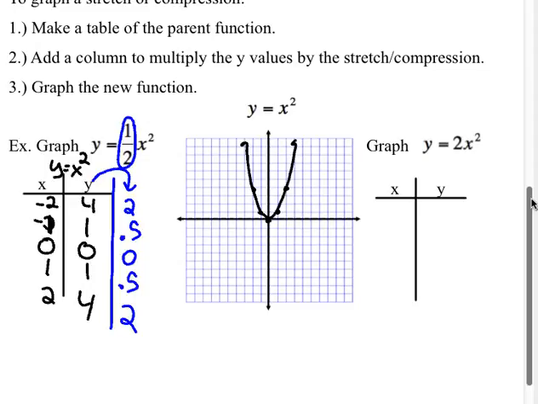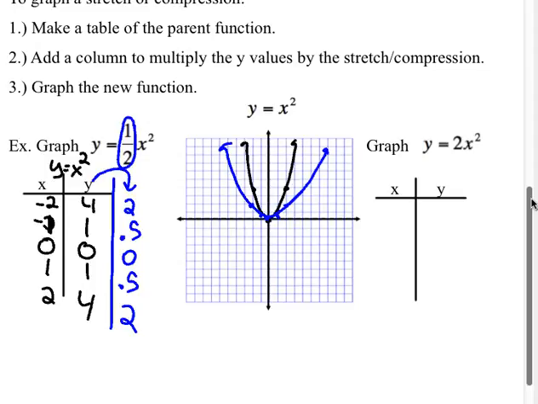That is what a compression will do. It takes all of your y values and divides them in half. So notice it's a lot shallower. It's not increasing as quickly as it was before.